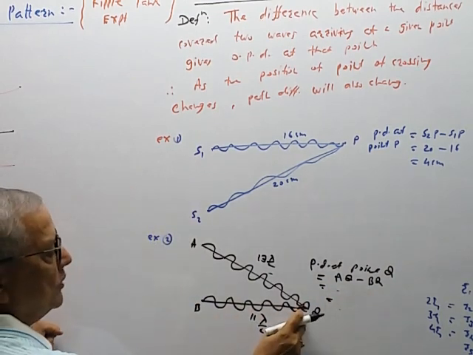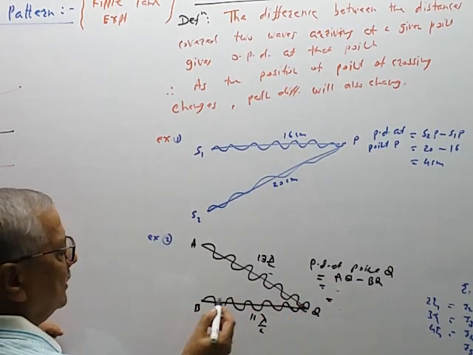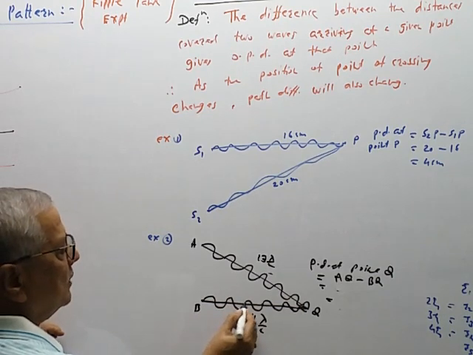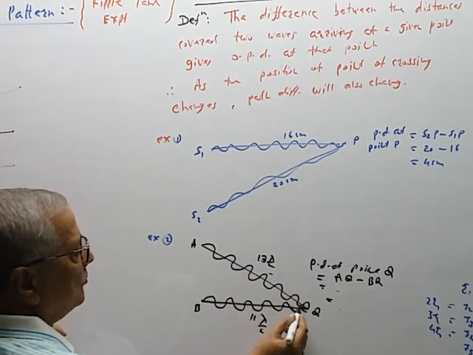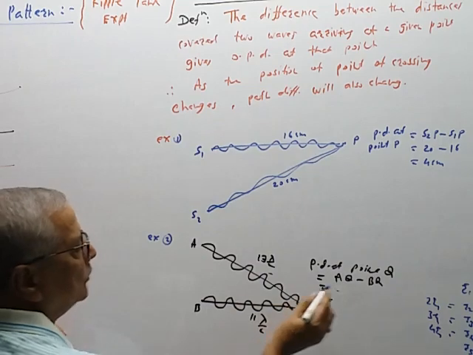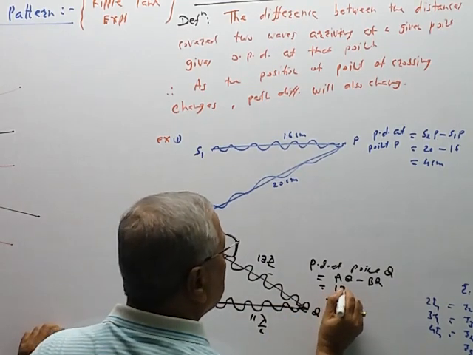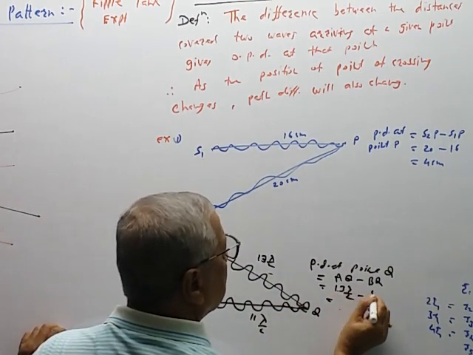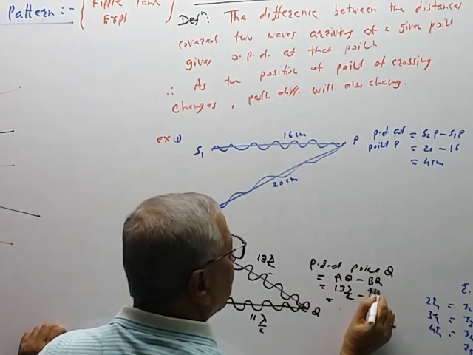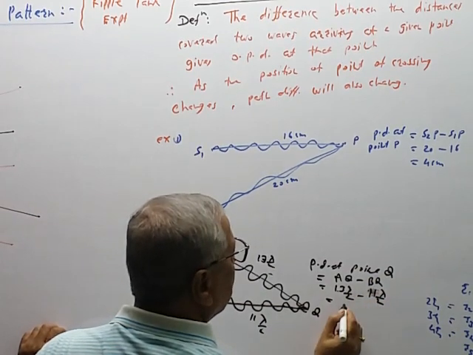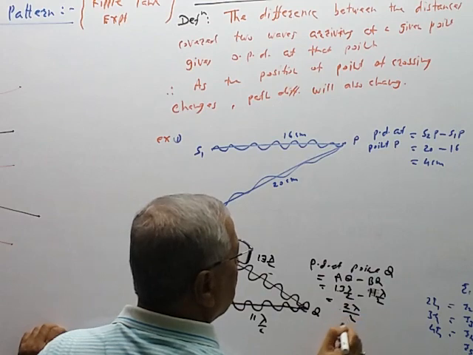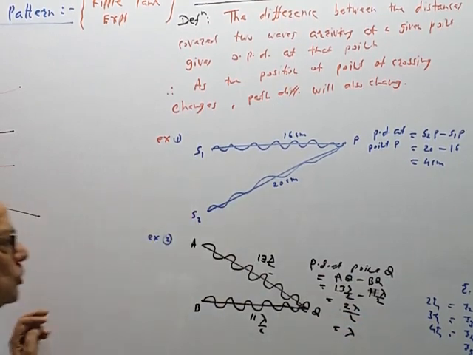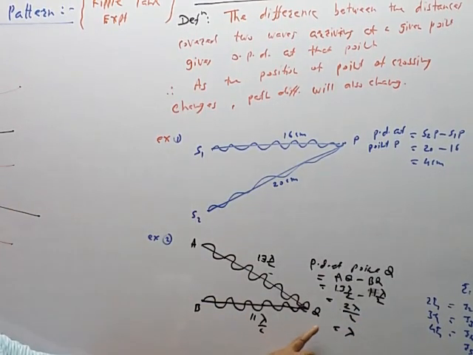Here 5 and a half waves: 1 lambda, 2 lambda, 3 lambda, 4 lambda, 5 lambda and half lambda. So this is 13 lambda by 2 minus 11 lambda by 2, that is 2 lambda by 2, which is equal to lambda. So the path difference between the two waves crossing each other at point Q is equal to lambda.